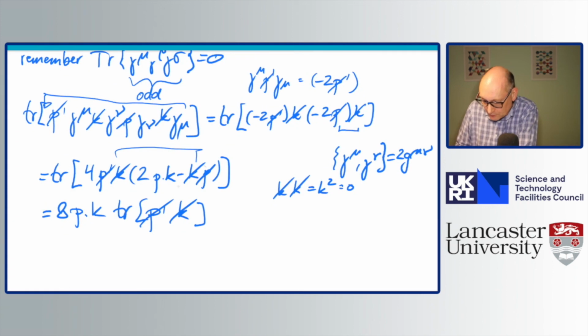So half of this bracket vanishes. That's why we did the reordering here. That was in order to get the k slash next to this k slash, so that we could set it to 0.